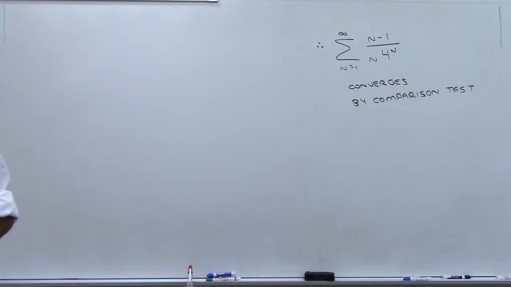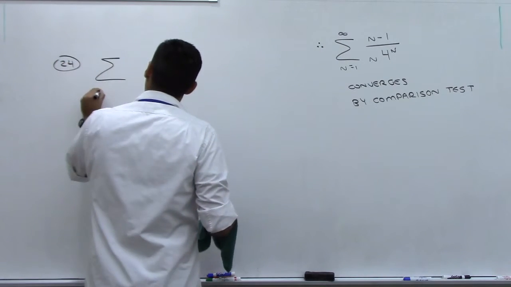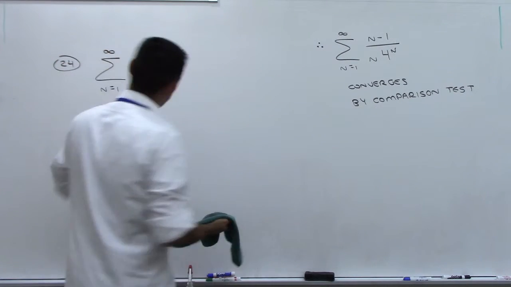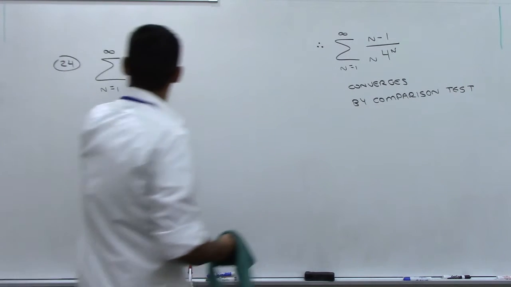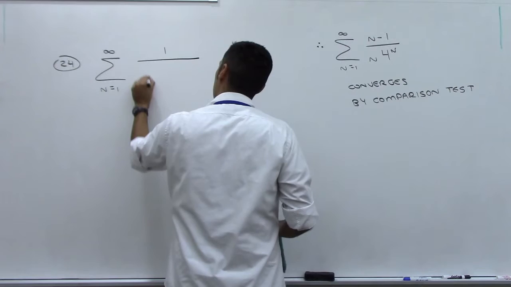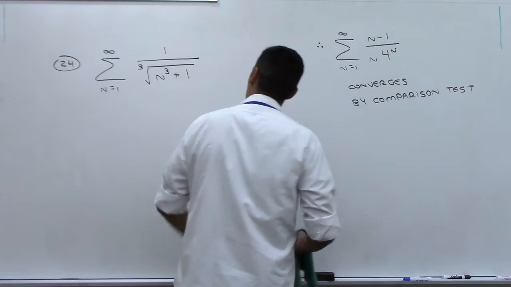Okay. Sum n equals 1 to infinity of 1 over the square root of n cubed plus 1. Is that right?